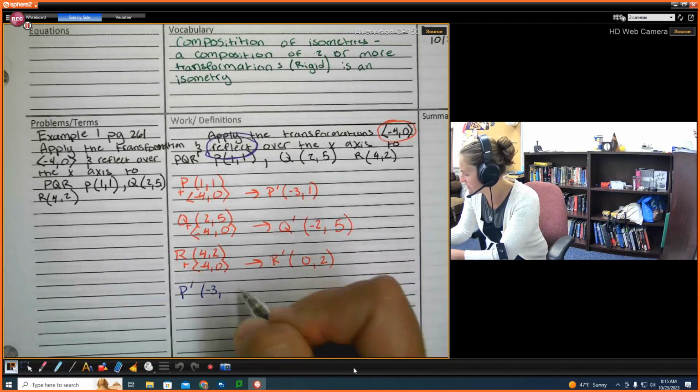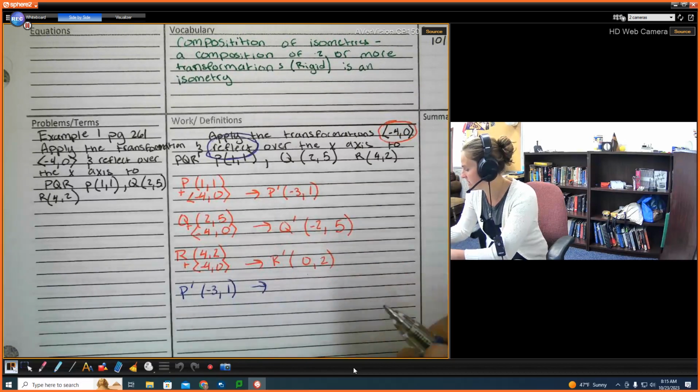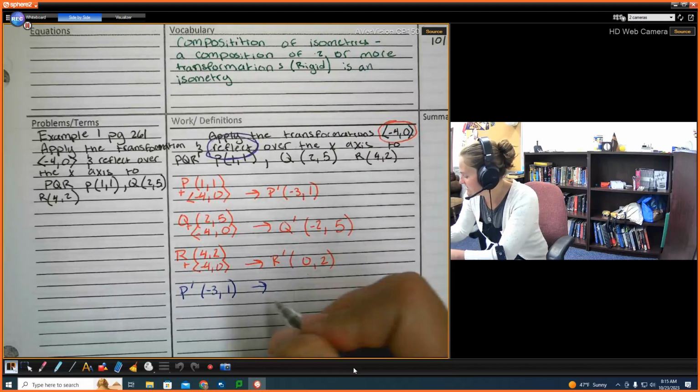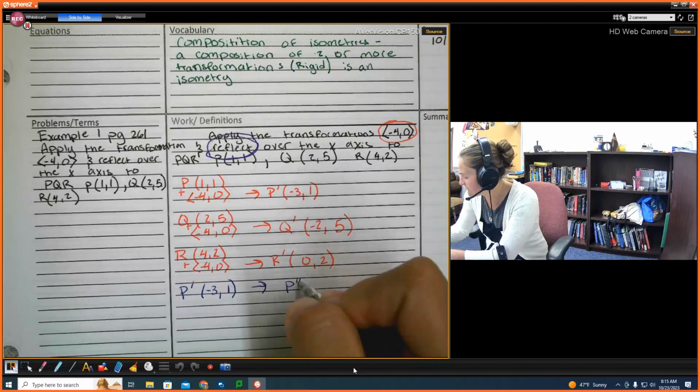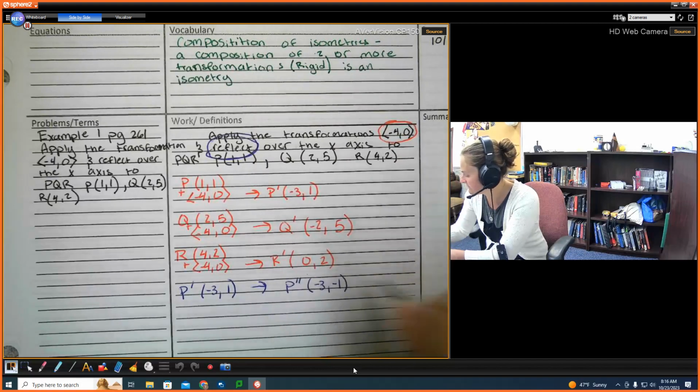Who remembers what the rule is for the x-axis reflection? So the only thing with reflections is though it is reflecting over the x-axis, it changes the y, exactly. So the y just becomes negative. So our P double prime, after 2 transformations, is -3, -1.